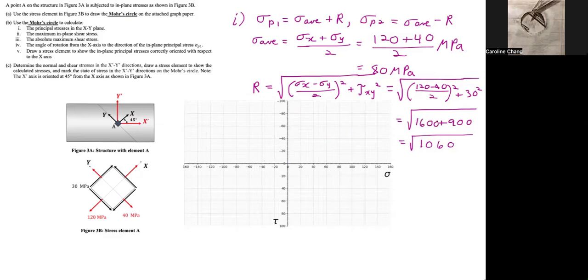And 1,600 plus 900 is 2,500. So we have the square root of 2,500 here, which is equal to 50.